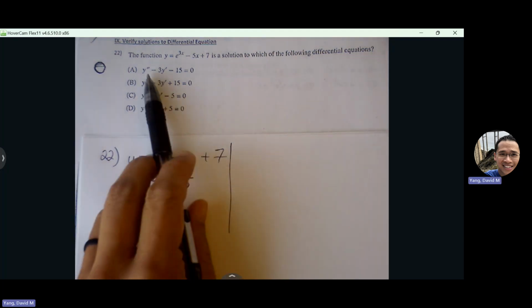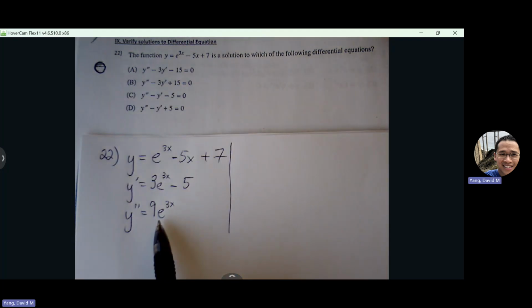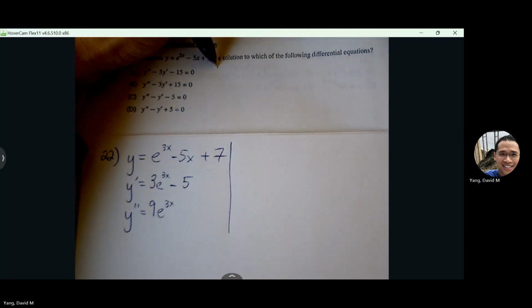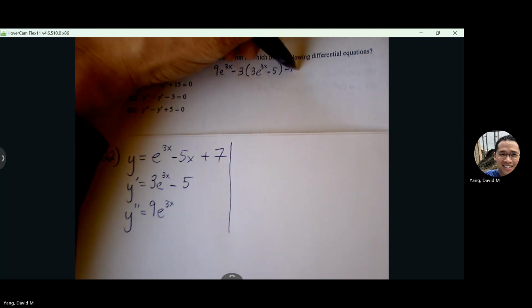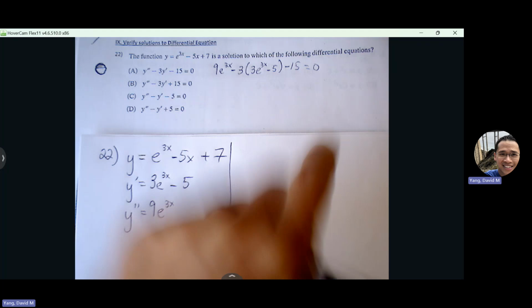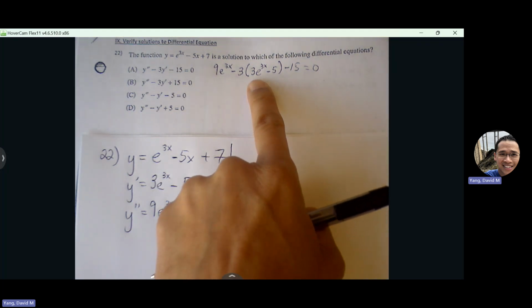So if I try the first one here, y double prime, so that'd be 9e to the 3x minus 3 times y prime. We're just trying to see if this actually ends up giving us the right answer.